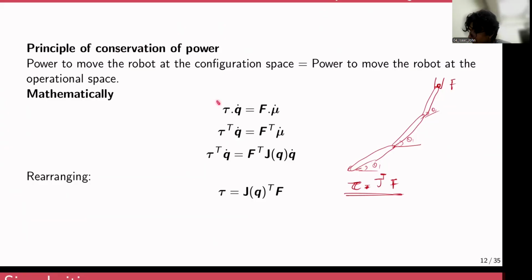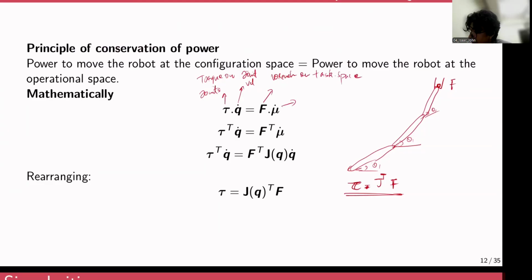You can do so by a simple conservation of power, where this tau is the torque on joints. This is nothing but the joint velocities. And this is the wrench, the forces or moments or combination of both on task space.